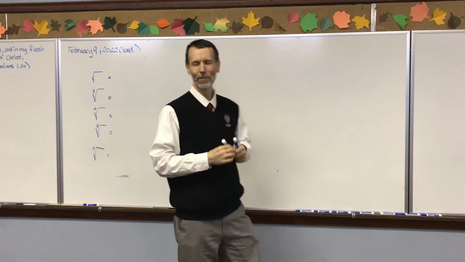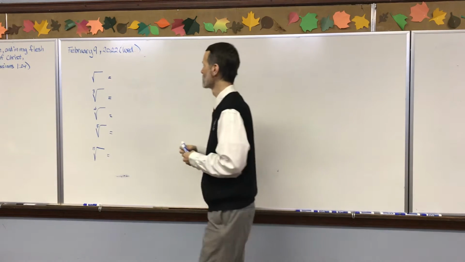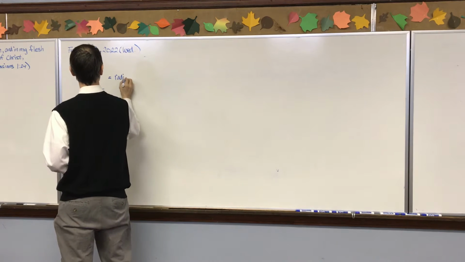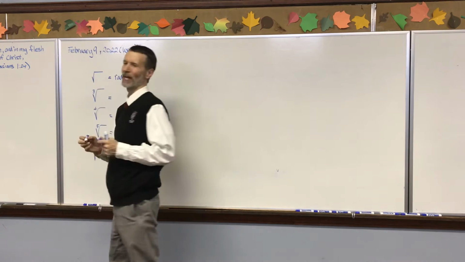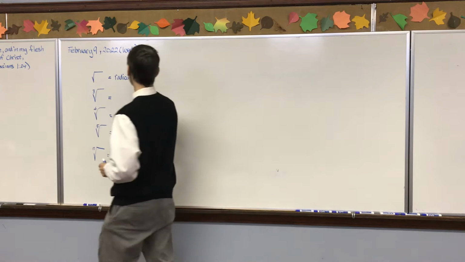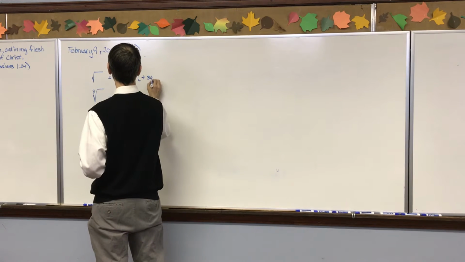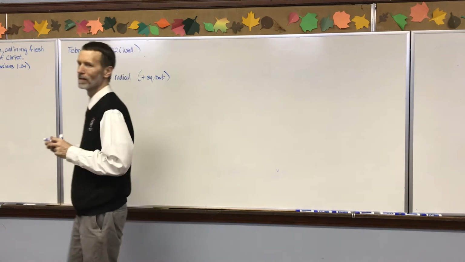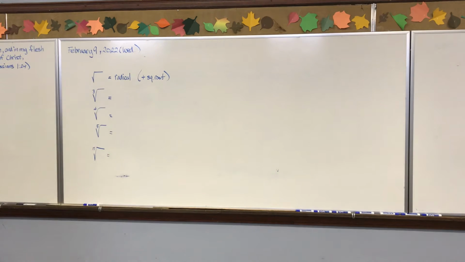The top one should be familiar. It's a radical sign. This is what's called a positive square root. A full square root has a plus minus in front of it. It has two answers.